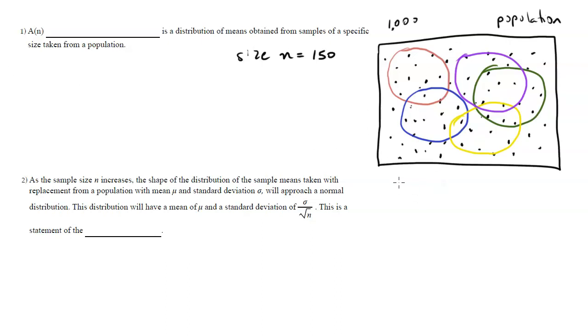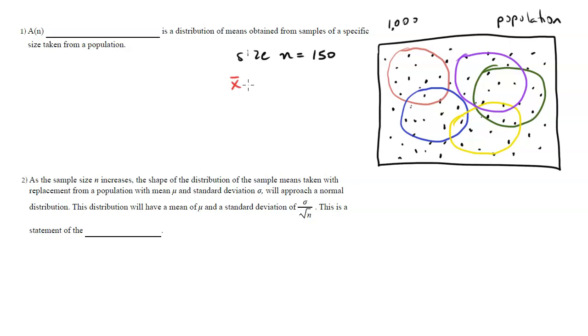So red might be my first sample, and the mean of that sample. Let's say we're asking students how many hours per week they're doing coursework during this distance learning.